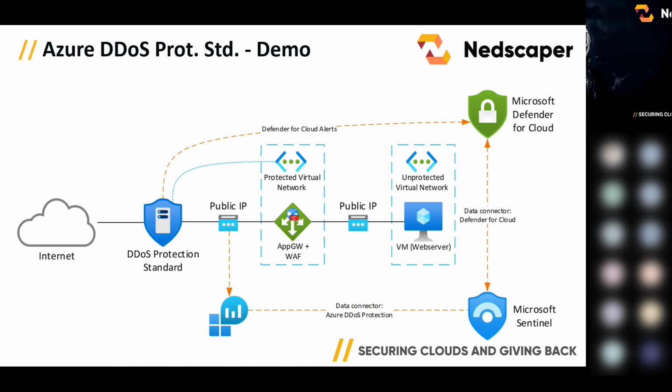And that Log Analytics workspace, you can use along with Microsoft Sentinel and the data connector for Azure DDoS protection to visualize what is happening during a DDoS attack. You will be able to see things like the kind of volume that went through the DDoS attack, and there are no analytic rules provided with this data connector. It is just there to visualize data.